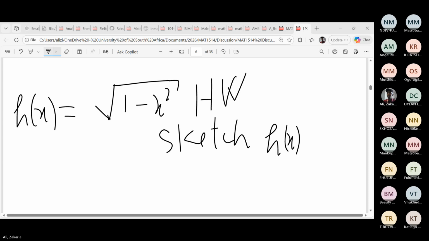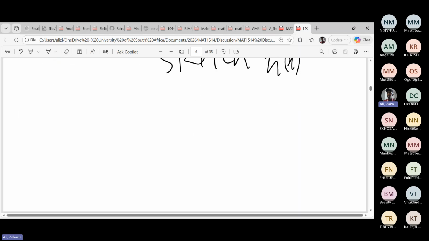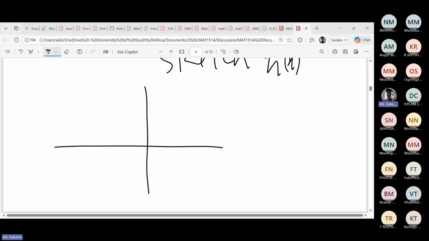Okay. Now let's give another, different type of example. It's not always that you get a function in algebraic form. Sometimes you can get it not necessarily in an algebraic form.